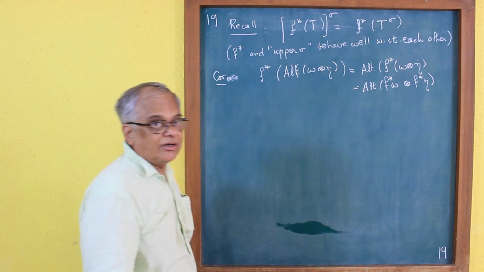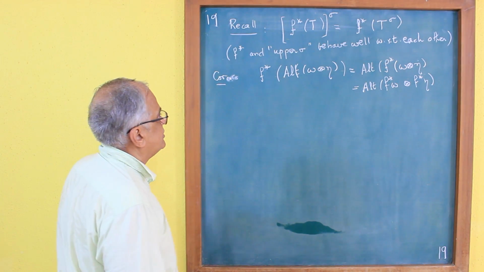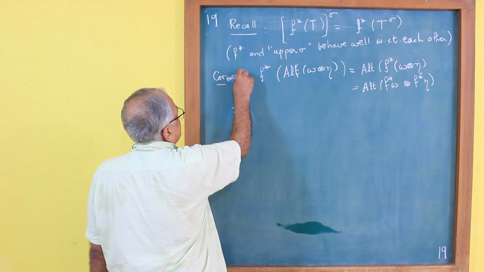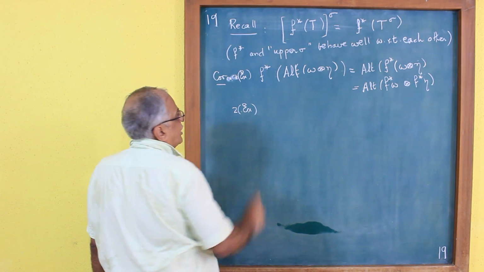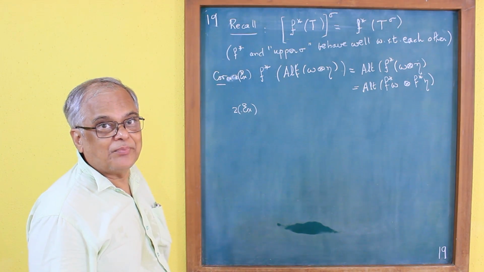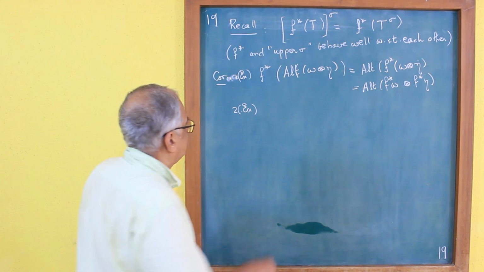The last thing I've written down says that f star behaves well with respect to tensor products. And therefore, as an exercise, you will also get that f upper star behaves well with respect to the wedge product.